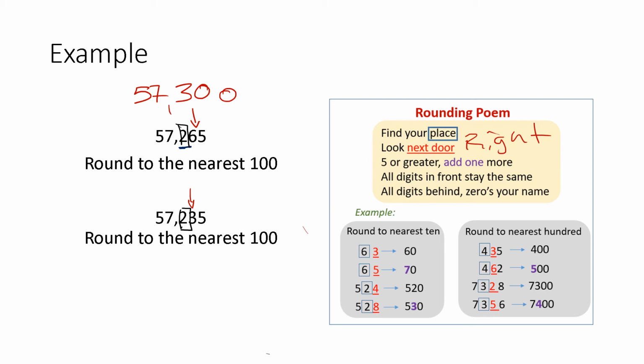So instead of adding one more, like we did up here, where a 2 became a 3, our place is going to stay the same. So we'll have 57,2, and then everything to the right of our place will always become a 0. So 57,200. So we kept our place number the same because the number next door was less than 5.